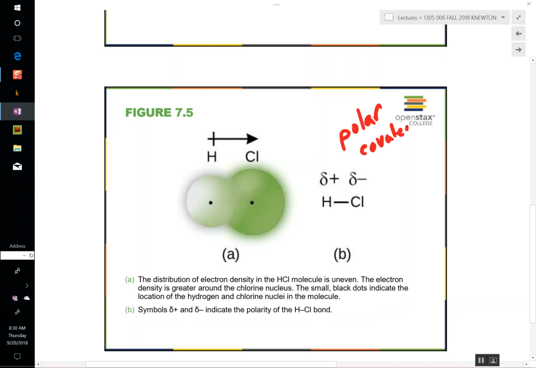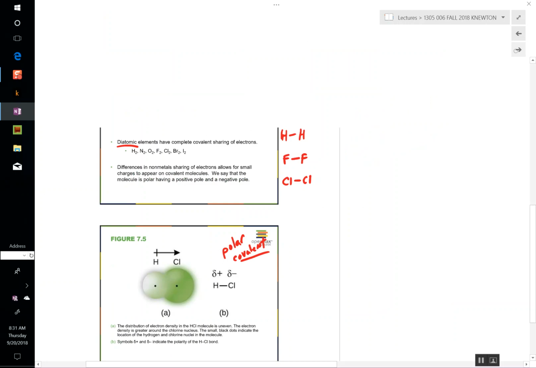Now I want to get into electronegativities and a kind of a rule of thumb for deciding whether the bond is going to be equal sharing or close to it, when it's going to be unequal enough that the bond is going to have a polar nature to it, and when is it going to be ionic.